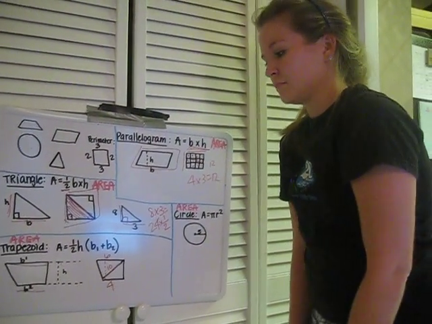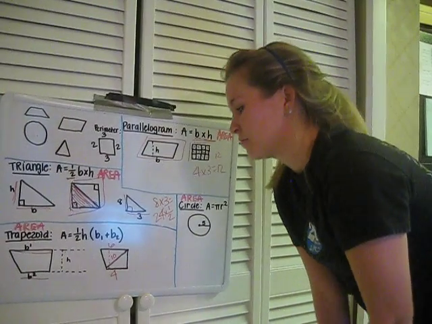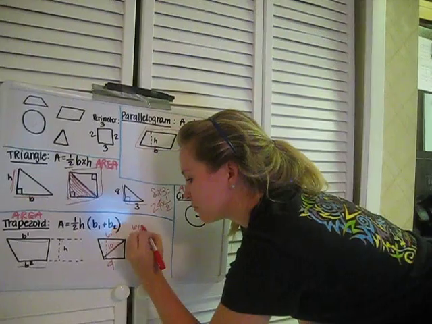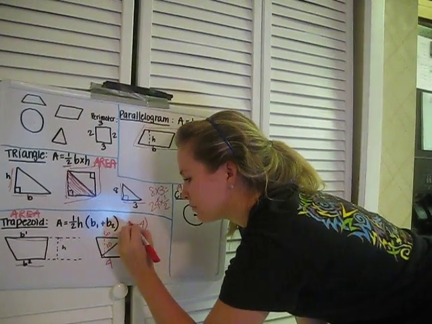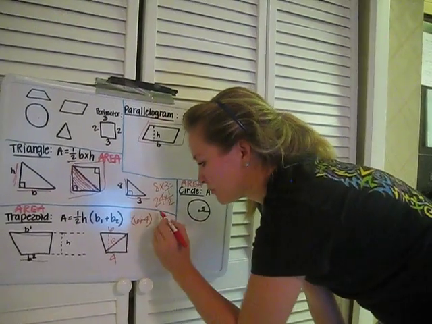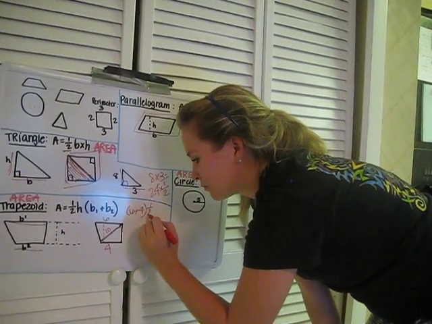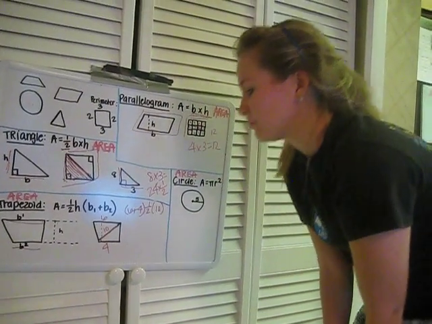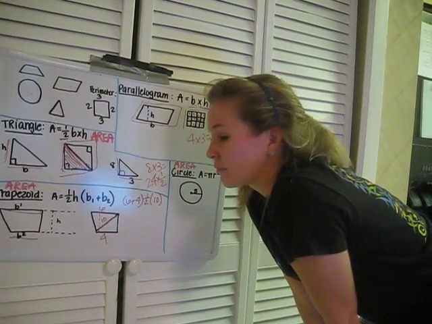Okay, you're going to add up base 1 and base 2, which would be 6 plus 4, that equals 10. Okay? And then you're going to multiply that times the height, which is 10. So that would make it 100.